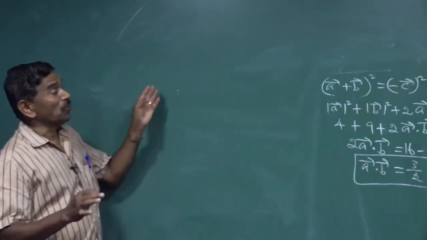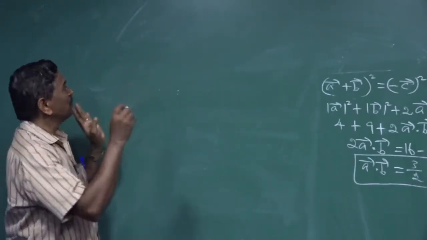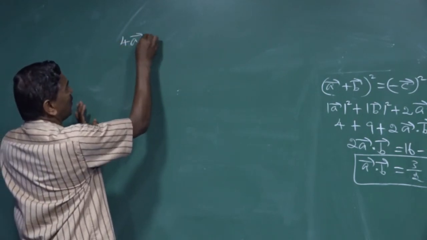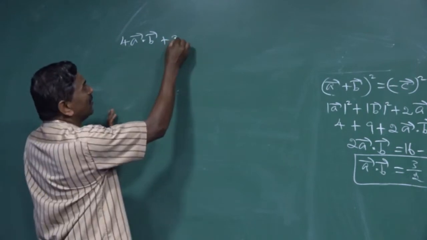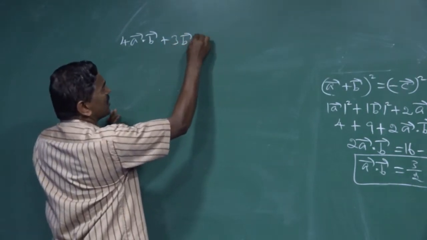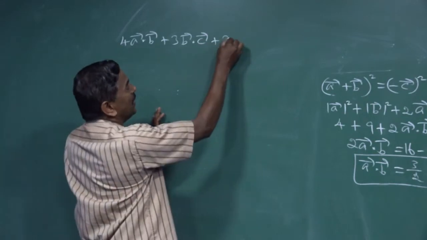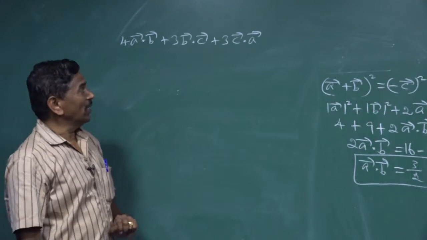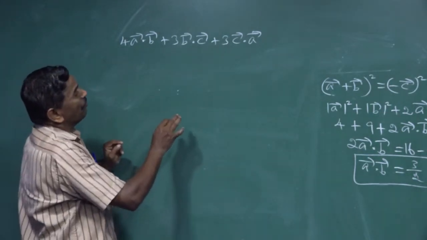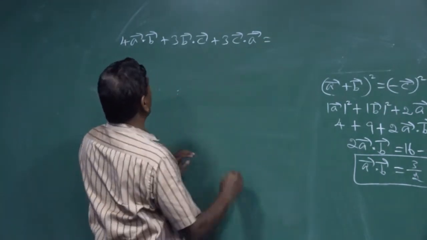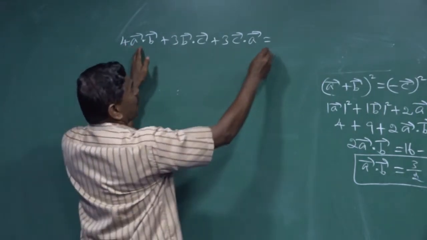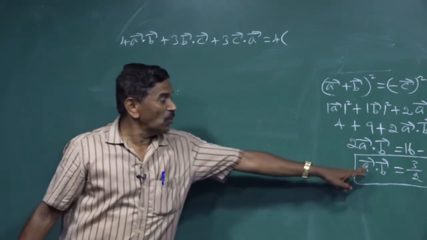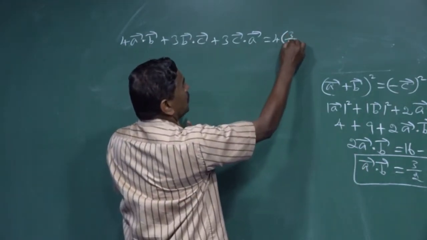Children, listen, now what are we going to find? We want to find 4 A vector dot B vector plus 3 B vector dot C vector plus 3 C vector dot A vector. So this value I want to find. Which is equal to 4 times A vector dot B vector, which is 3 by 2.